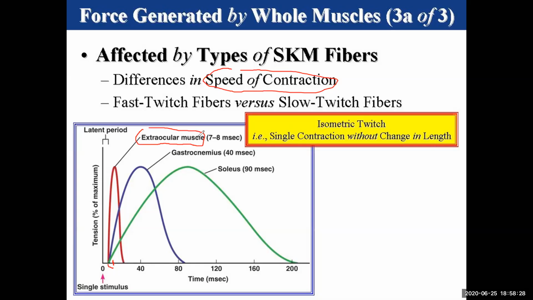And then the same concept, if you apply it to the gastrocnemius, which is the calf muscle, posteriorly in your leg, the calf muscle takes slightly longer time to get to maximum tension. You can clearly see that's slower than the extraocular. And finally, if we apply the same concept all the way to here, that's the soleus.